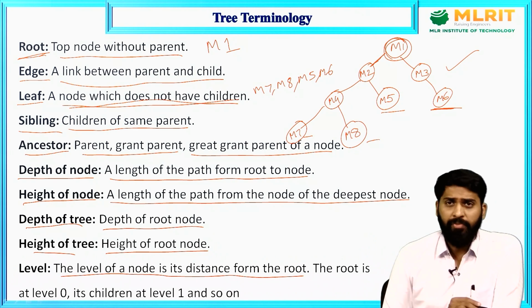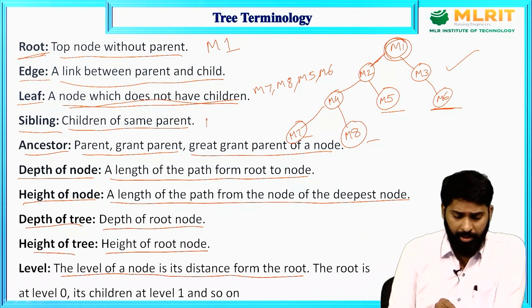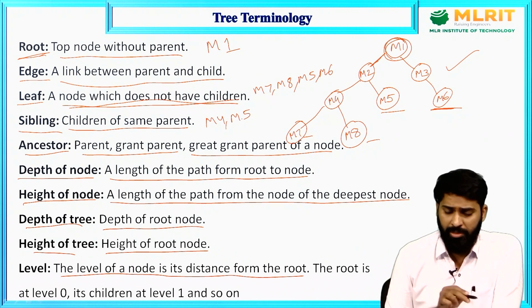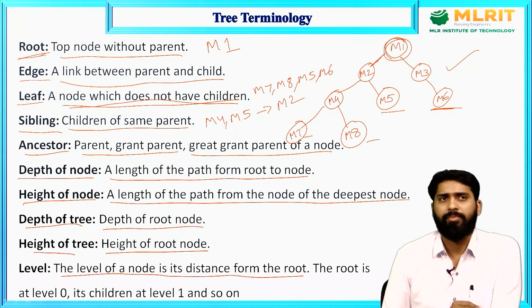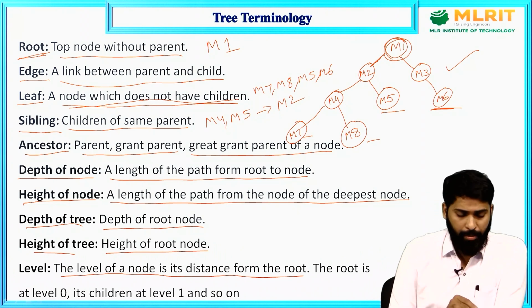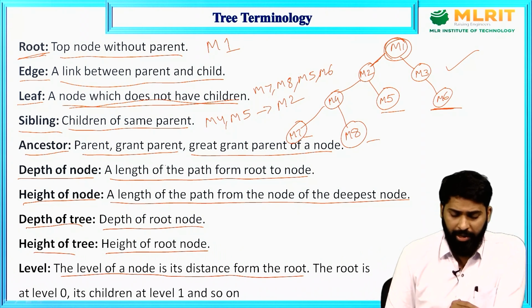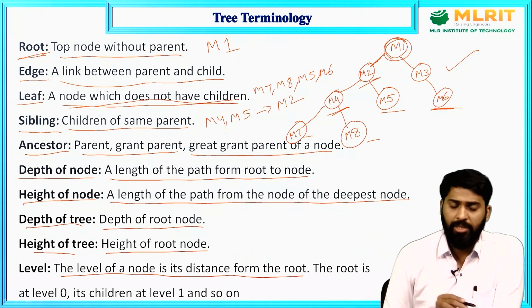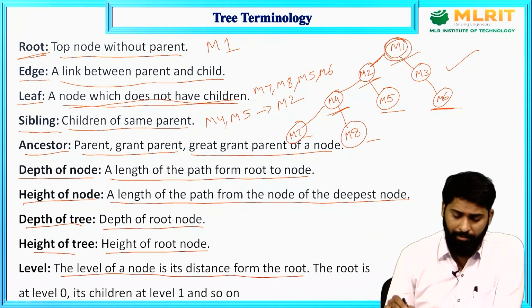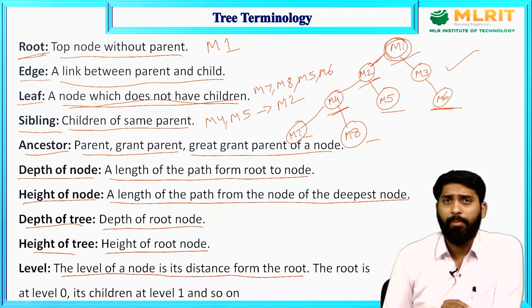So children of the same parent. For example, M4, M5, these two are siblings. Why? For these two nodes, the parent is the same, M2. Ancestor. Parent, grandparent, great grandparent. For M7, M4 is parent, M2 is grandparent, and M1 is great grandparent.